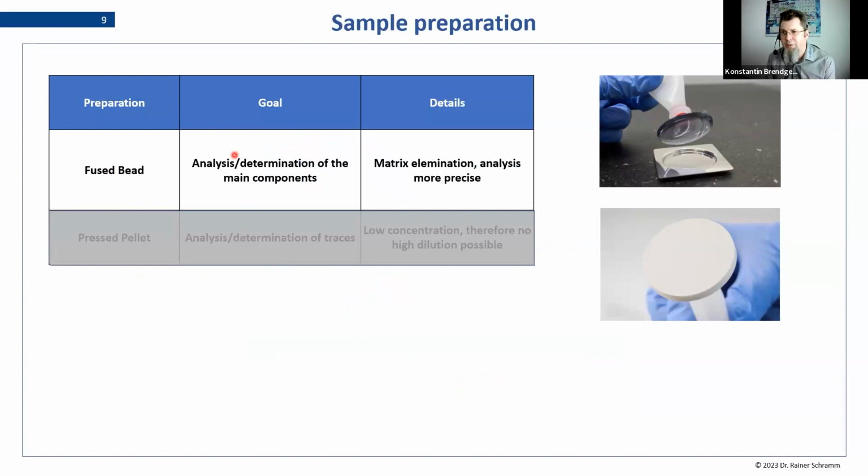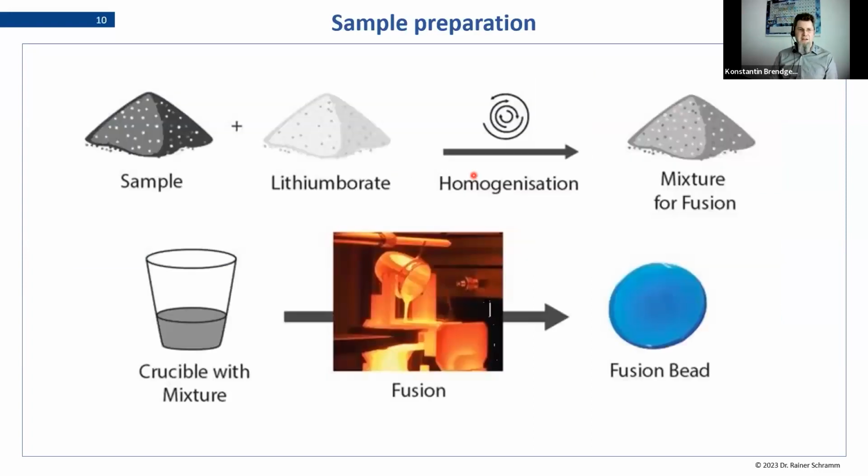So when a geological sample comes in and people want to have it analyzed, first we make the fused bead, and we make that for the main components only. Reason being, we can analyze the main components with very high accuracy, because we basically eliminate the matrix, so we get high precision analysis.